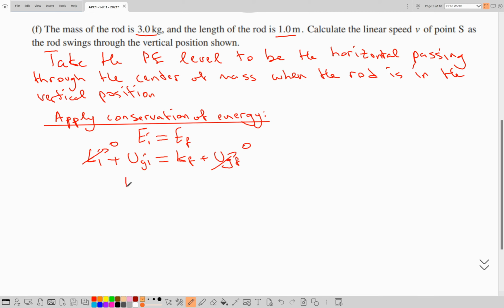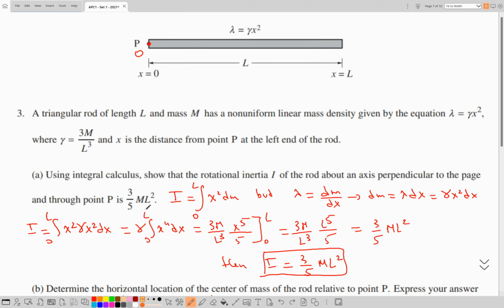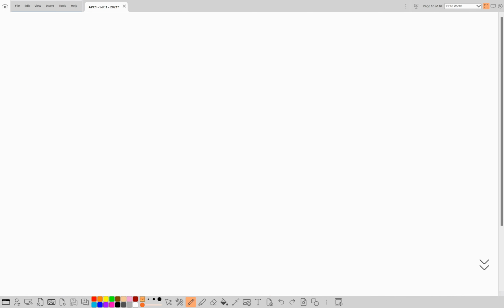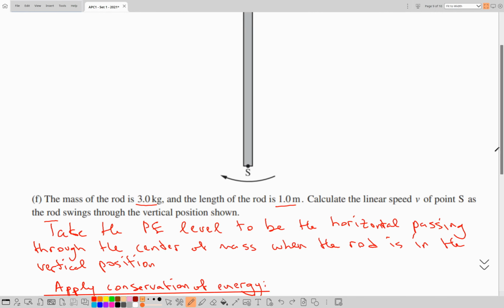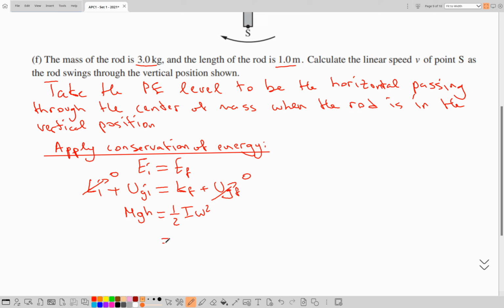So we have mgh, and we will worry about h after a bit, equal to half I omega squared. Now I is given, if you recall, to be 3/5 mL squared. So that would be half times 3/5 mL squared.